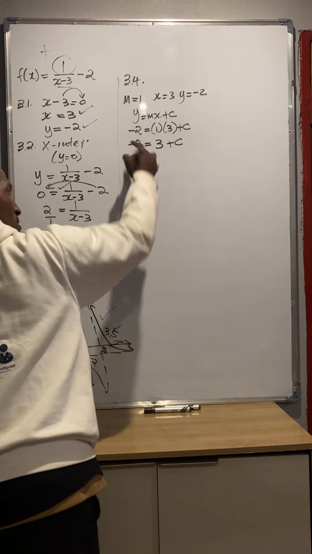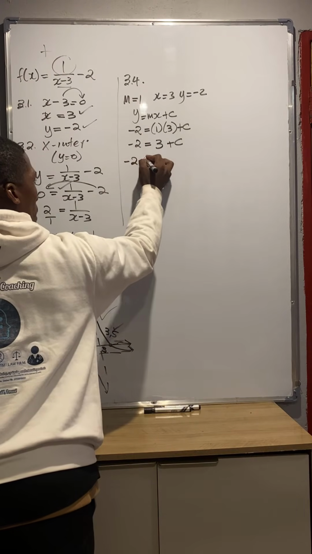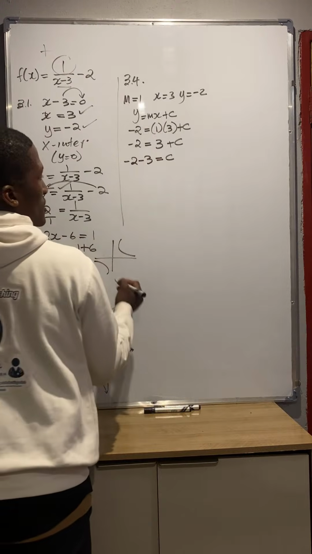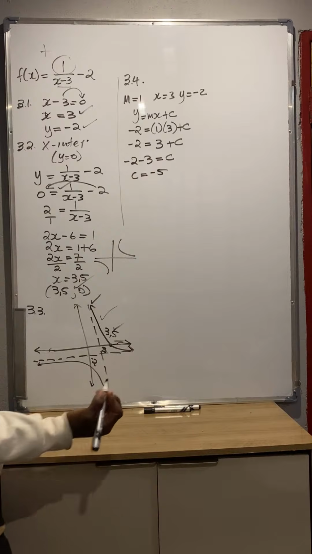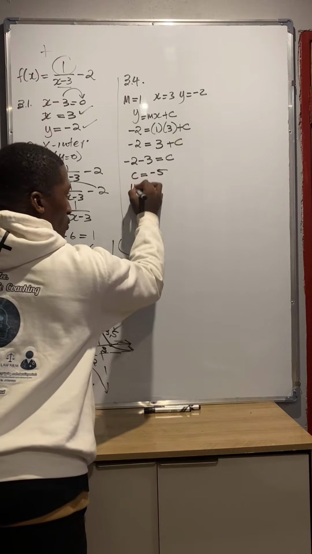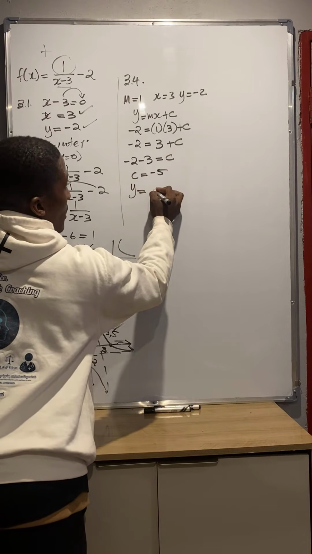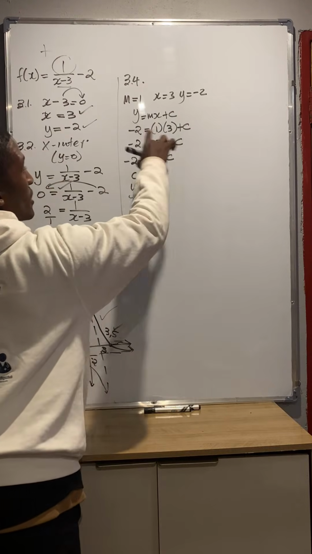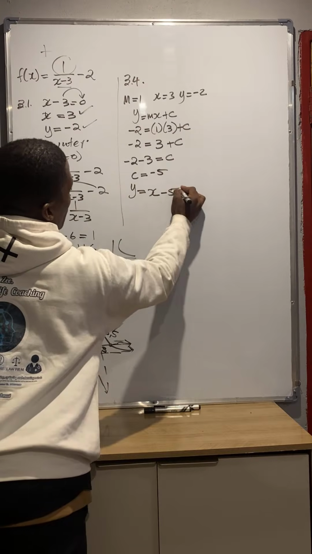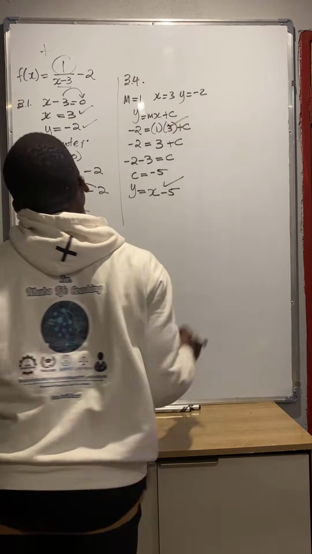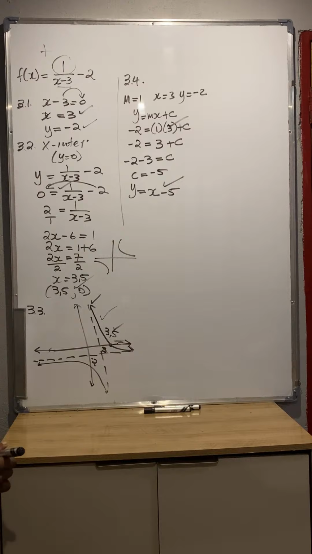Then you take this one to this side: -2 minus 3 is equal to c. Therefore, c is equal to -5. Your equation is going to be y is equal to... remember, you only substitute m and c. M is 1. Therefore, it's y equals x minus 5. And that is your final answer. 2 marks.